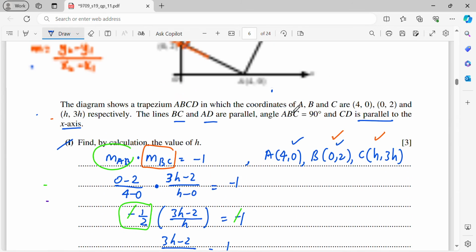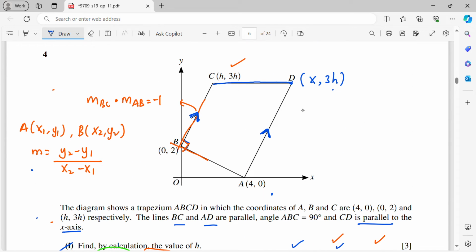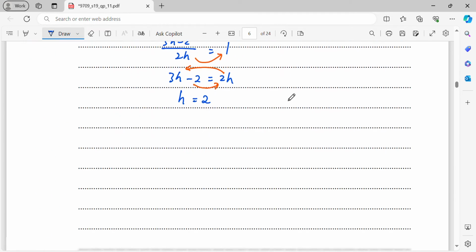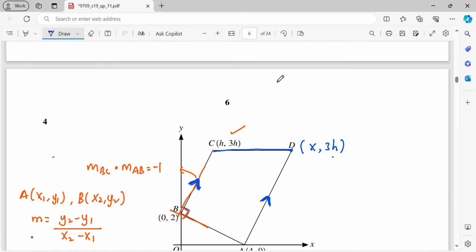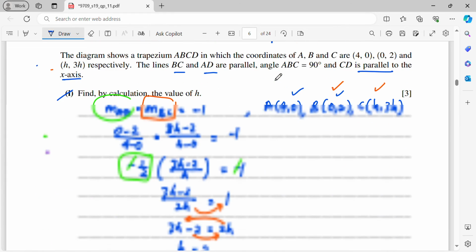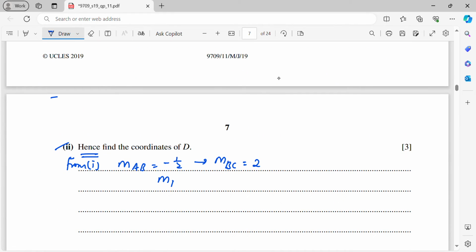Now, since you know that this is gradients of 2, that means gradients of AD is also 2, right? So then from here, I will just write gradients of AD same as BC equals to 2.